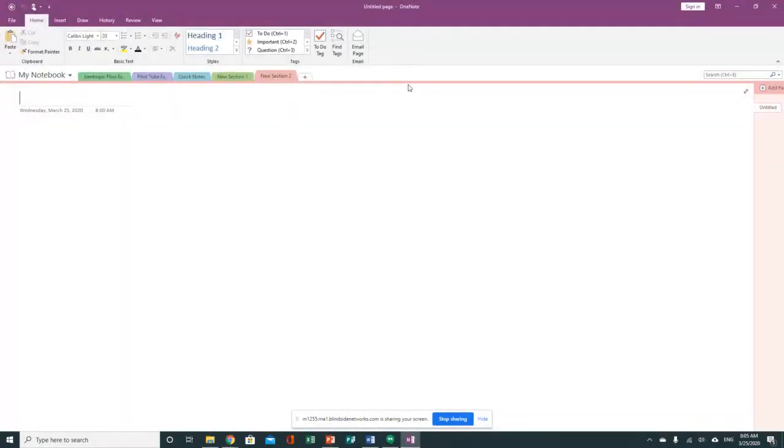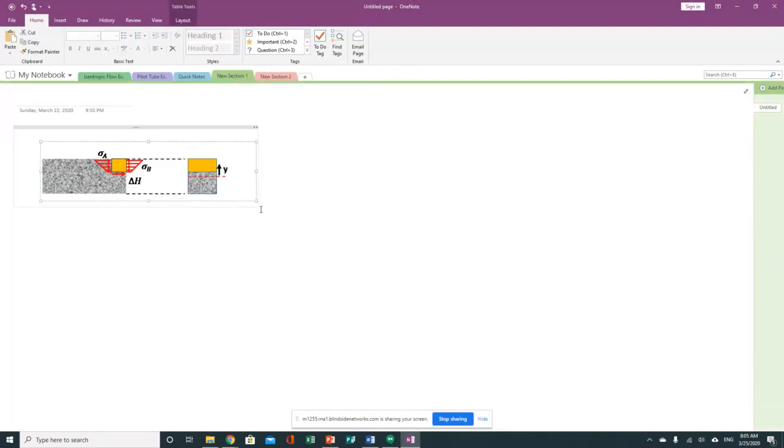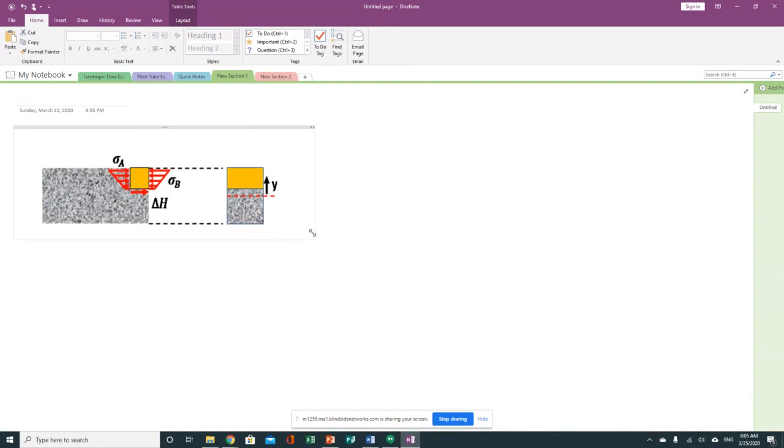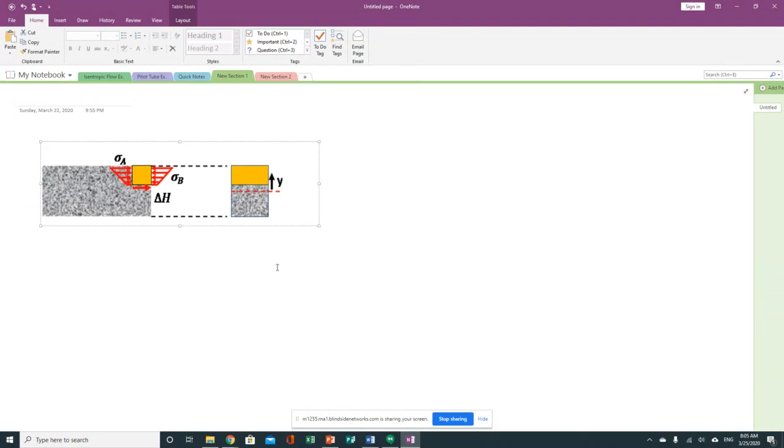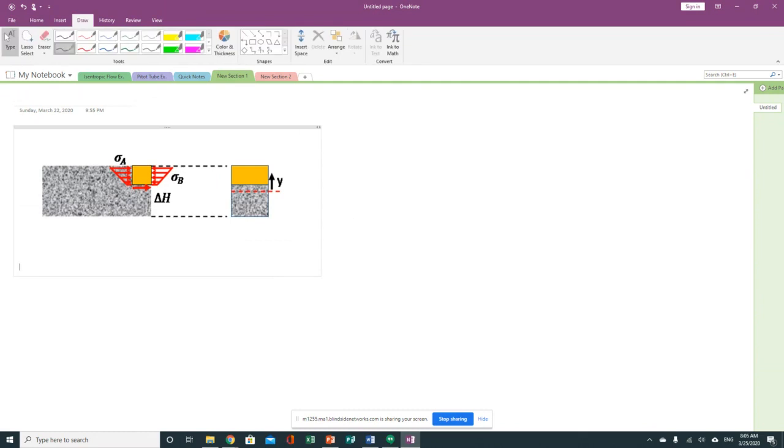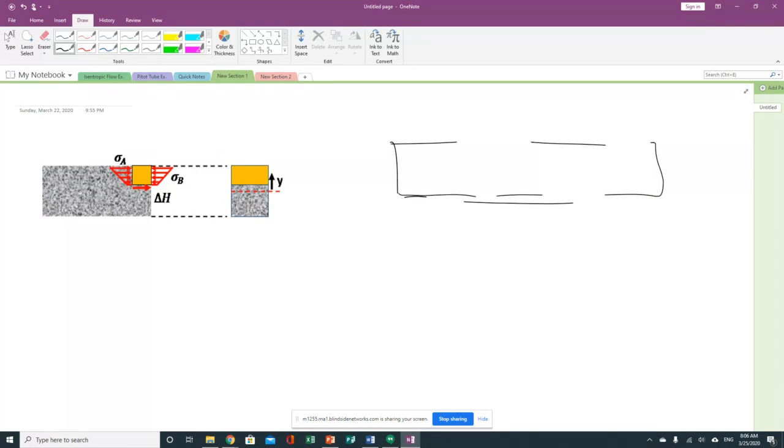So here's my section. This drawing comes from my beam, which is in 3-point bending.